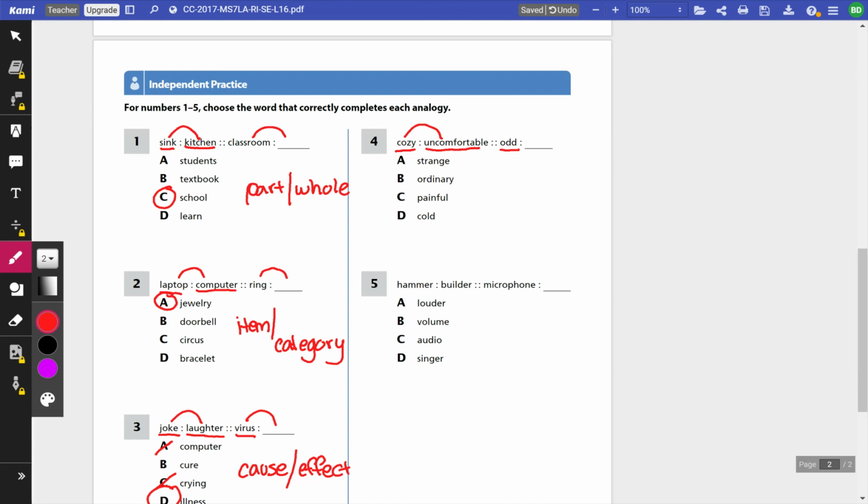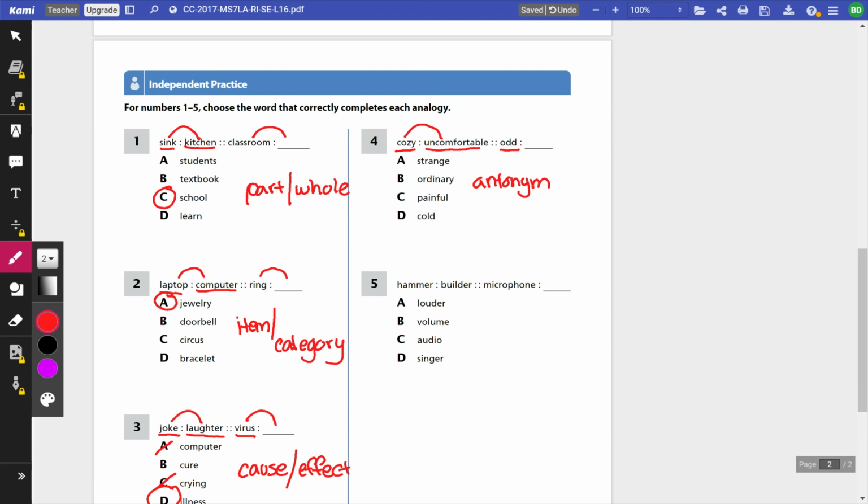It makes you irritable, uncomfortable, just bad. So that tells us that these are going to be antonyms. So the relationship between the second two words will also be antonyms. So we're looking for an antonym for the word odd.